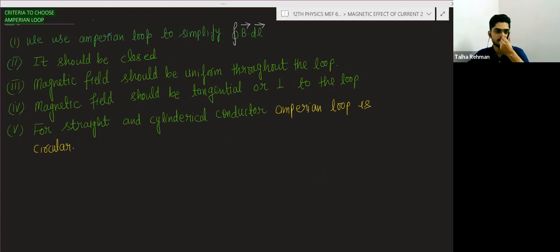First point is we use Amperian loop to simplify B dot dl. Just wait a minute, my friend.